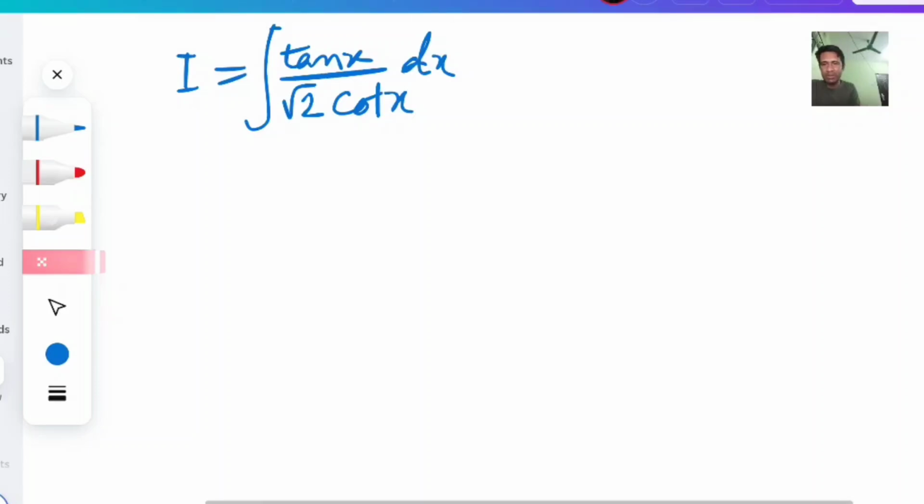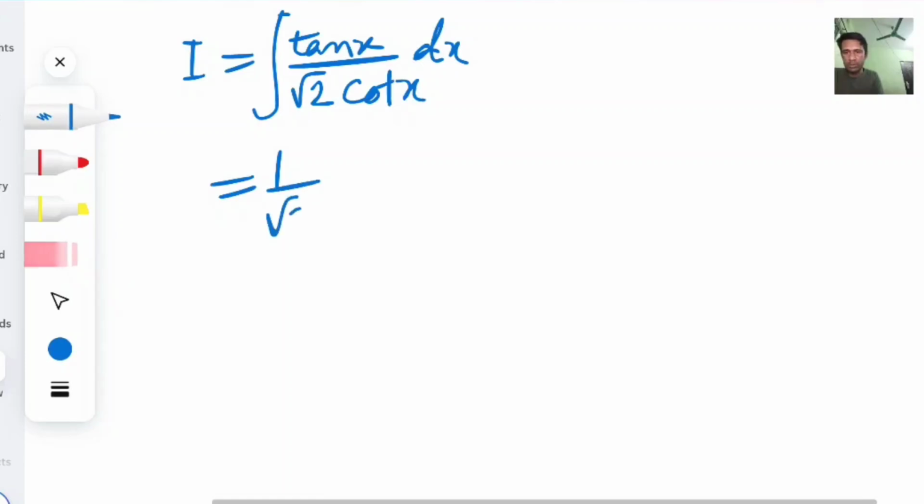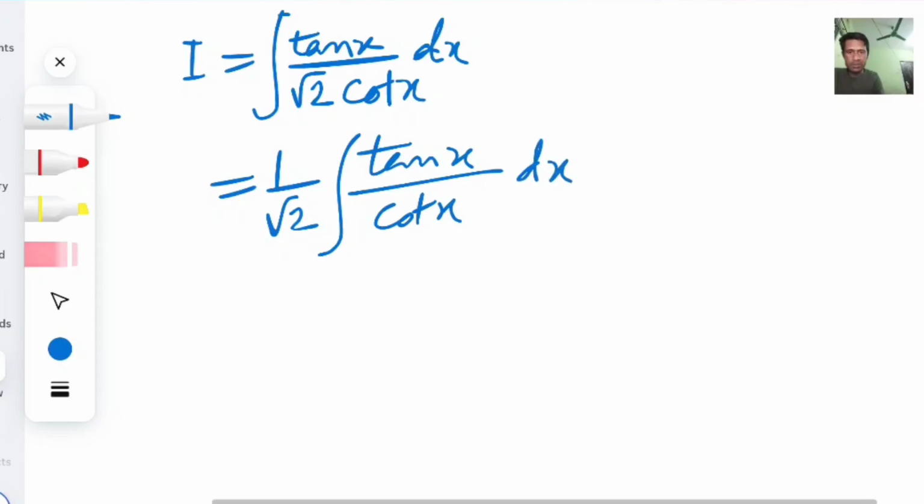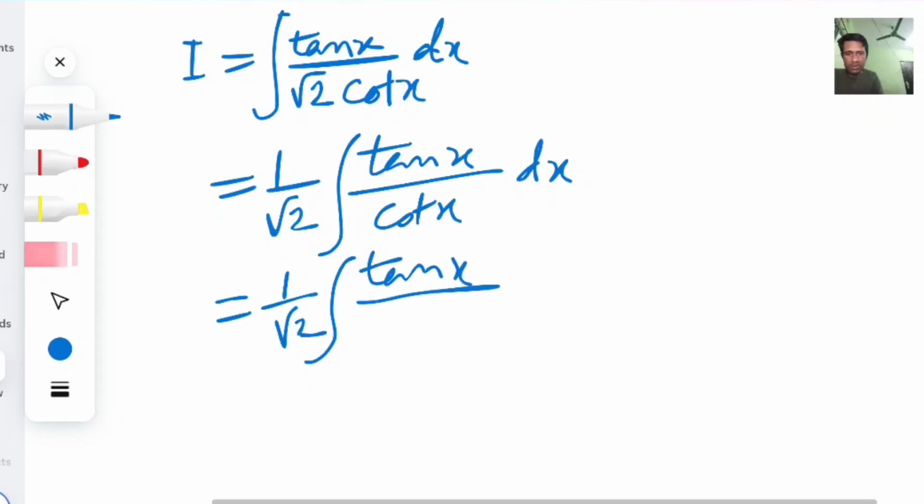So I will take the 1 divided by root 2 in front of the integration sign, then tan x divided by cot x dx. Now 1 divided by root 2 integration tan x divided by cot x equals, we know that cot x equals 1 divided by tan x.